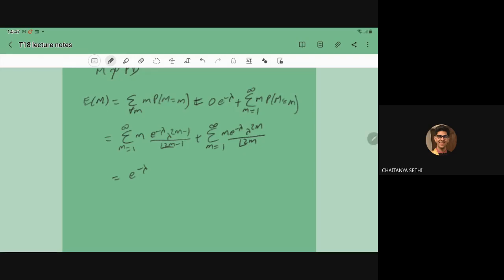If you write it as lambda by 2, this we can write as summation m equal to 1 to infinity of (2m minus 1 plus 1), with e to the power minus lambda taken outside, lambda to the power 2m minus 1 upon factorial of 2m minus 1, plus e to the power minus lambda upon 2 taken outside, summation m equal to 1 to infinity of 2m lambda to the power 2m upon factorial of 2m.